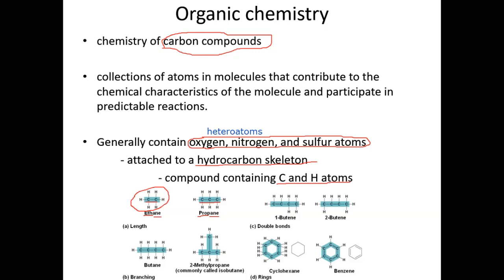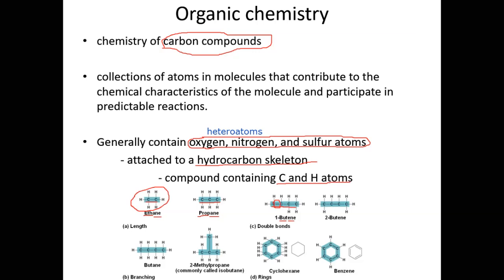Now in the next example, we have 4 carbon atoms. So since it's 4, we have to use the prefix but. But then you'll notice here that after the first carbon atom, we have a double bond. So since you have one double bond in the chain, we have to use the suffix -ene.